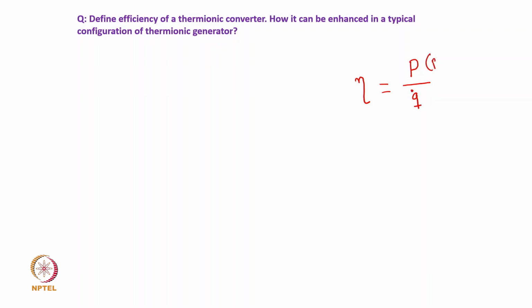So, I can define power density as current density times output voltage, and I have already defined the output voltage.